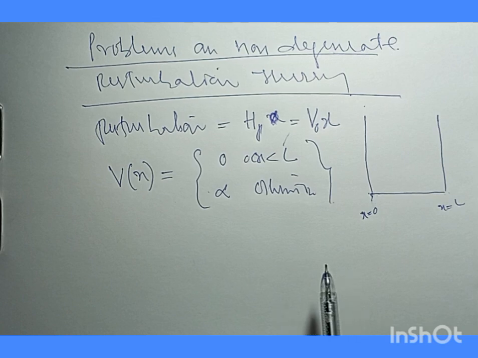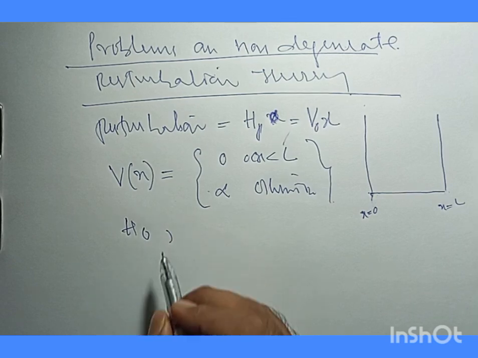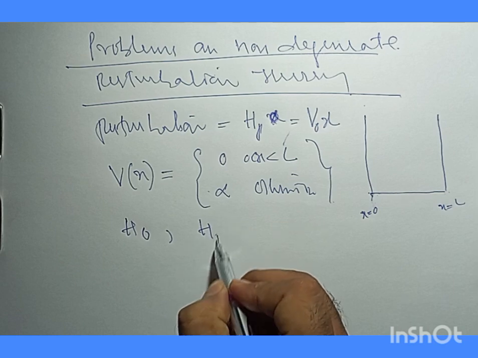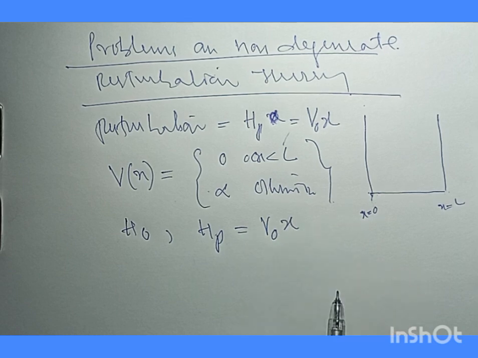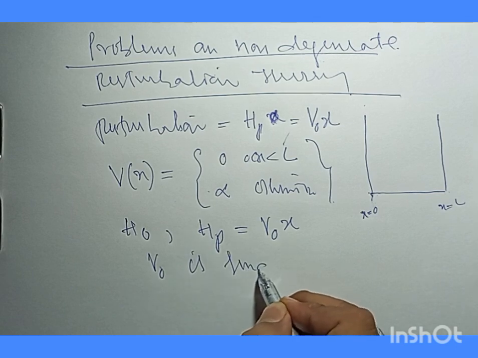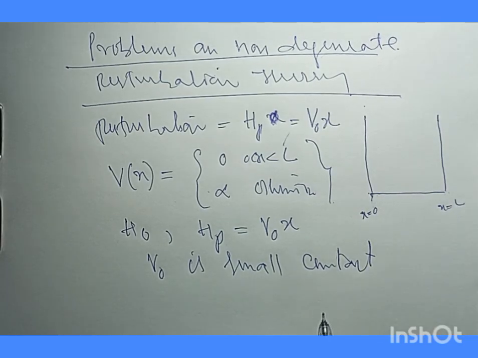So the unperturbed Hamiltonian in this case will be H naught, and the perturbation that we have assumed here is Hp, and this Hp is V naught of x, where V naught is basically a small constant. We will solve this problem using non-degenerate perturbation theory.